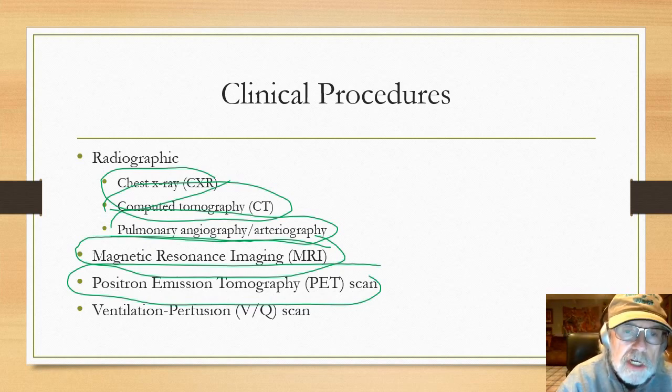And as a result, these areas will light up on this scan. They do a CAT scan, but it is able to see the areas where the radioactively tagged glucose goes to, and those areas light up. So PET scans become really helpful in looking at things like tumors and stuff like that, because in a lot of cancers, the metabolic rate of those cells increases.